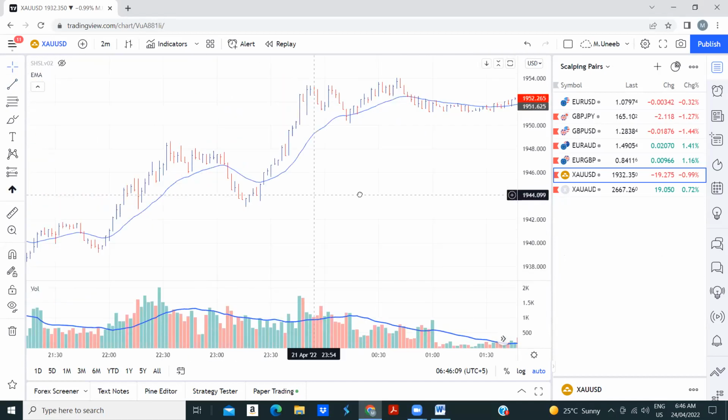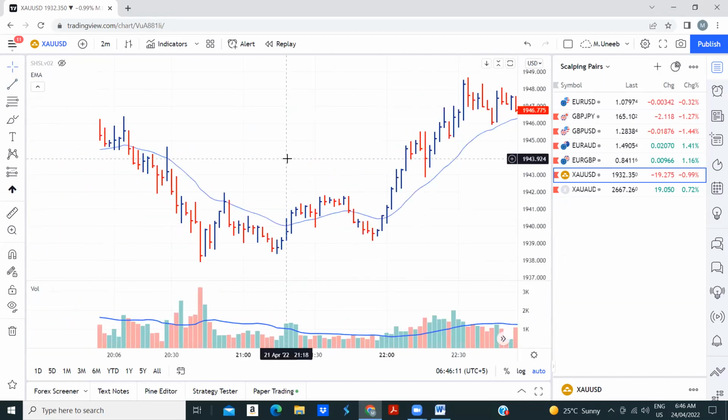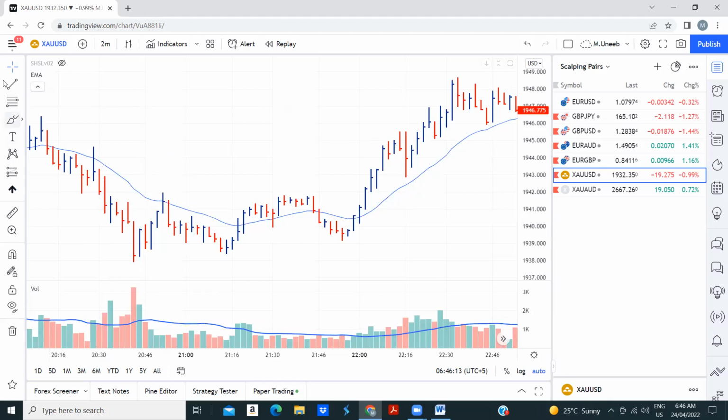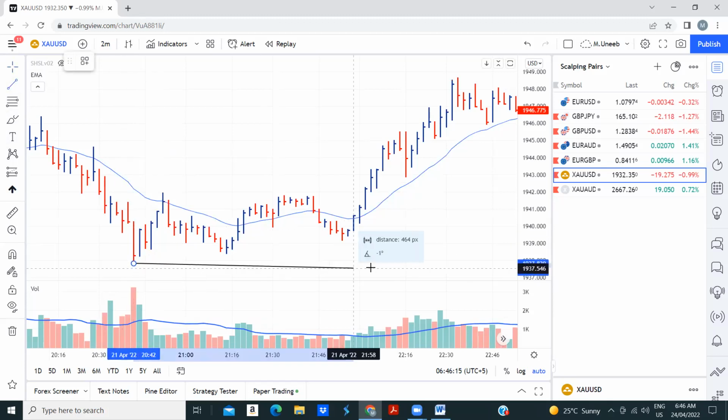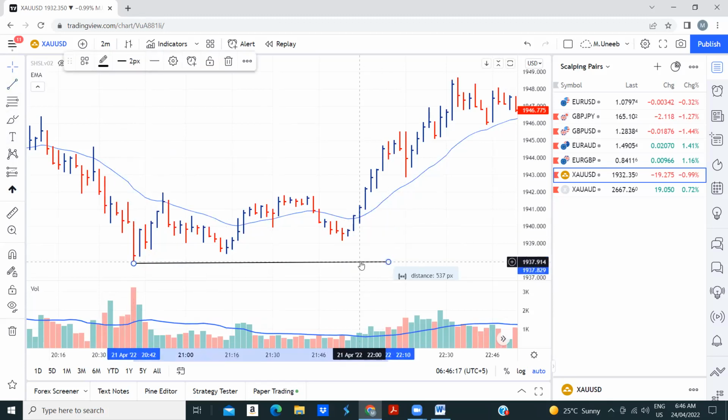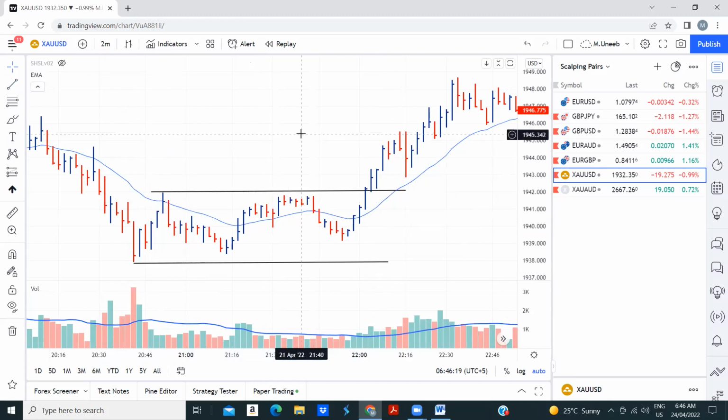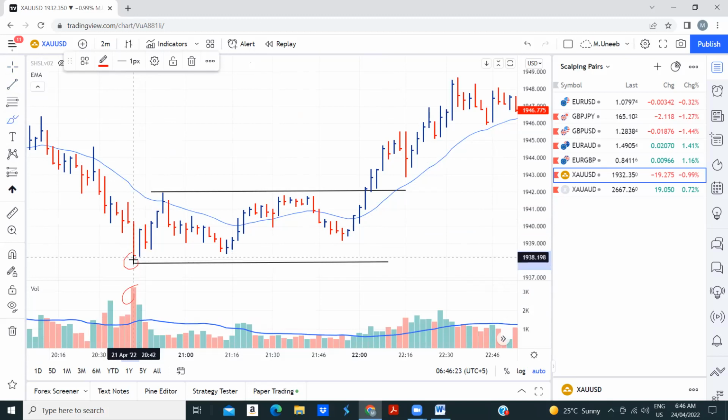Let me move. You see, this is accumulation. Now, if I draw this channel here, what do you see? Initially, the volume was very high, and as we go further into the range, the volume will decrease.